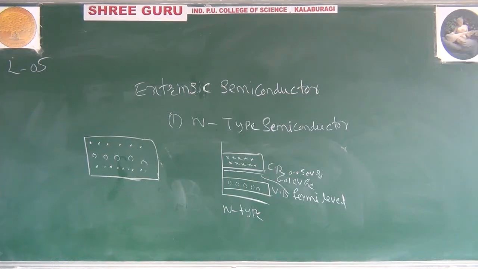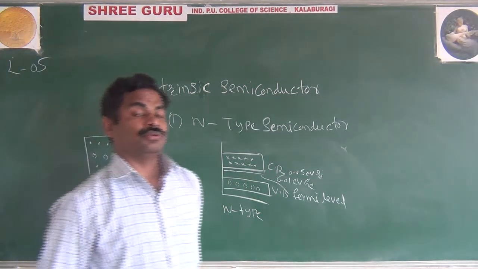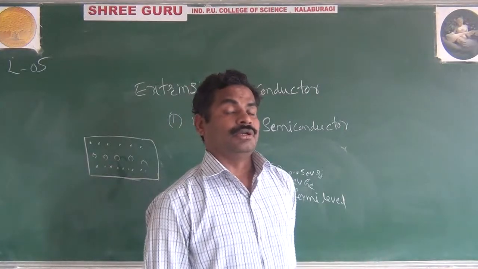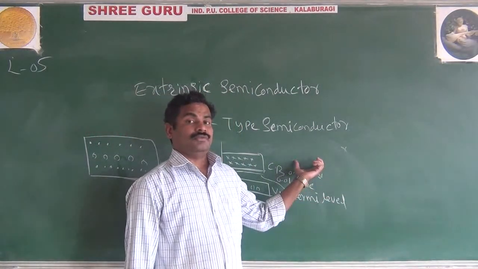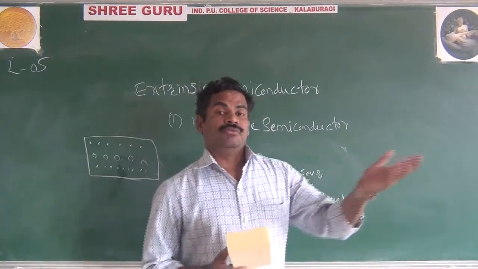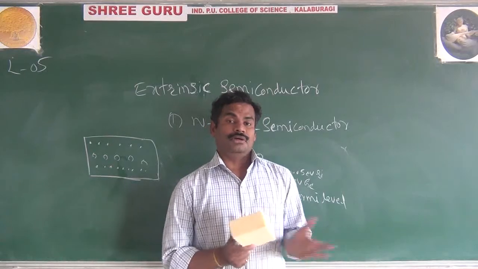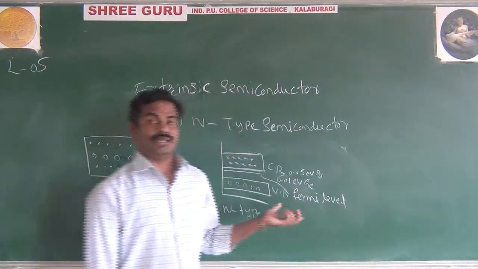But the important thing, whenever you add pentavalent impurities to the pure semiconductor, for example phosphorus to silicon, it gives one extra electron.